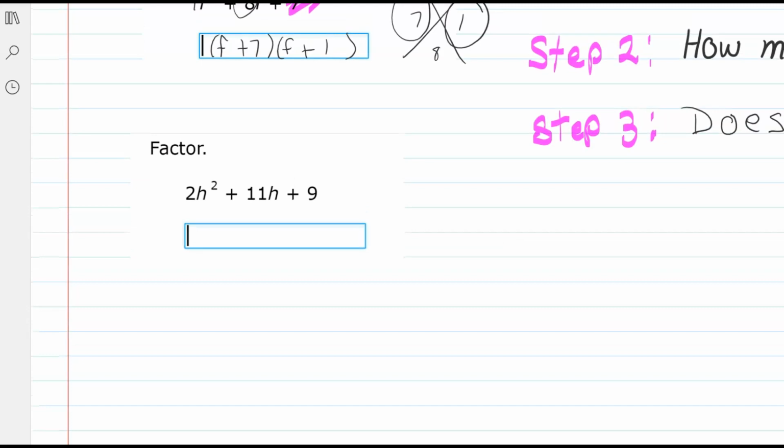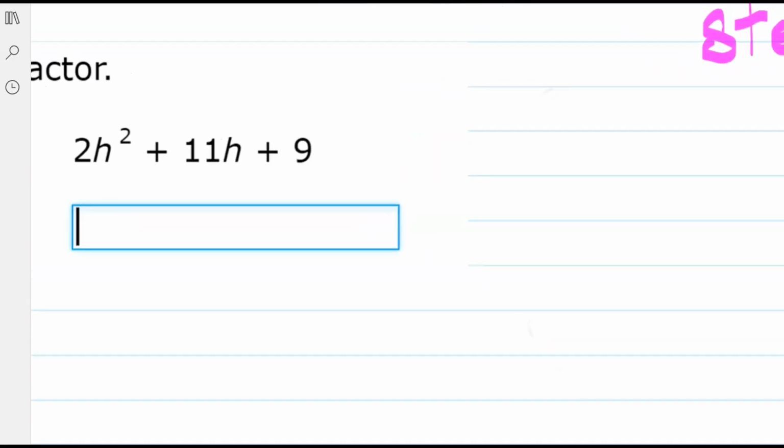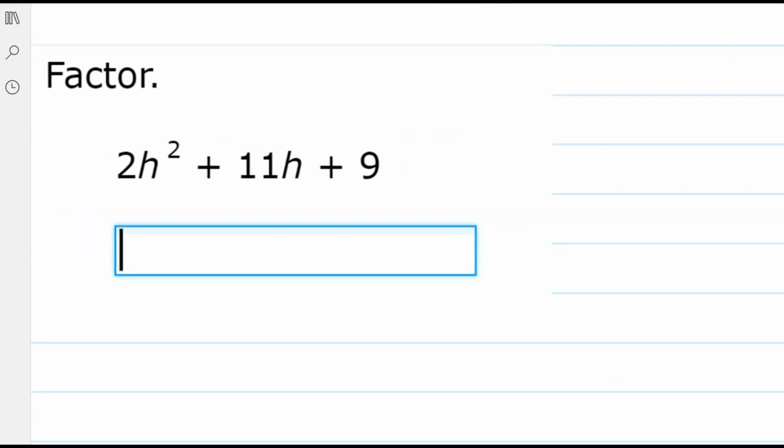Because A does not equal 1, instead of just taking this number and putting it here and this number and putting it there, we have to do something extra. You can actually use the X method, Xbox method. Yes, I said Xbox. You can actually use the Xbox method with this particular type of problem, but what we want to do is try and get out of that. Okay? So this is what you do.